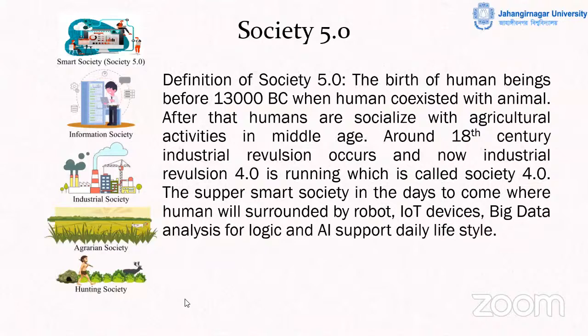In there, people are hunting and gathering in small clans, and they collect only for food. Then the agrarian society, where people established a civilization; the Indian civilization is pretty old compared to others. And the industrial society that started in 1800, and nowadays we are also living in the information society, that is Society 4.0.